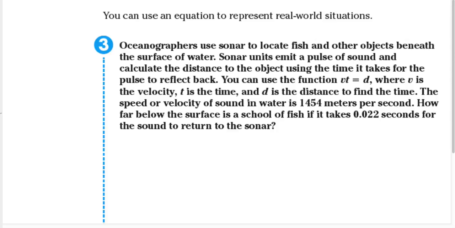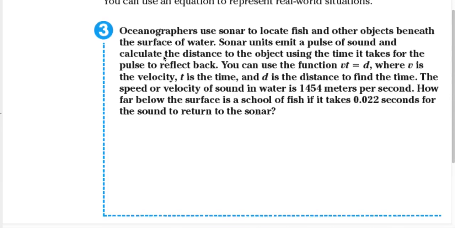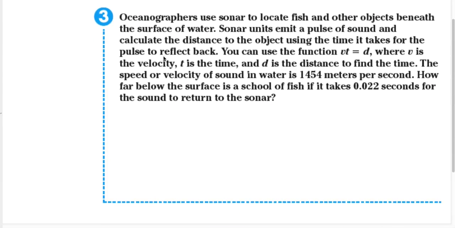We can use real world situations and represent them as an equation. Oceanographers use sonar to locate fish and other objects beneath the surface of the water. Sonar units emit a pulse of sound and calculate the distance to the object by using the time it takes for the pulse to reflect back.